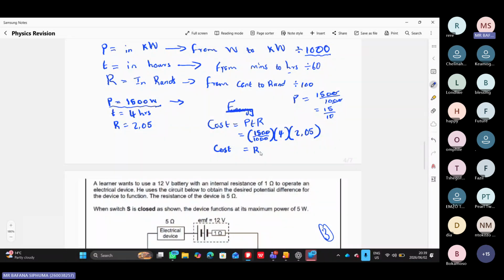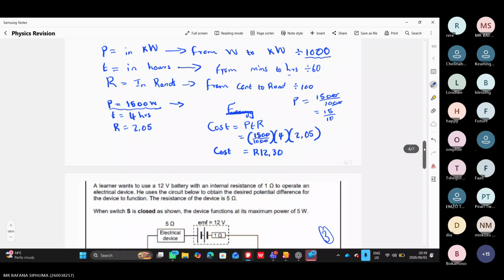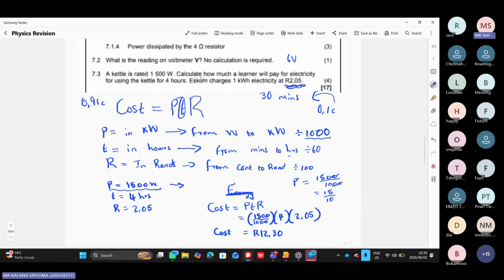So you're going to say R12.30. Cost is also in rands, which means the learner will be paying 12.30 rand.